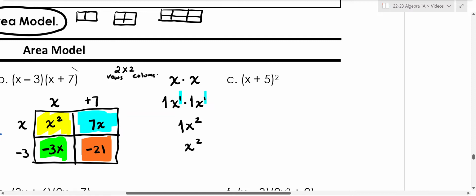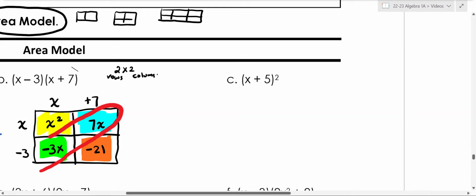All right, so now you want to look at your boxes, and you want to notice whether you have any like terms. And usually your like terms are going to be these two right here, right? Okay, negative 3x, 7x. All right, so once again, what have I taught you? Look at your coefficients. When you add and subtract, look at the coefficients, keep the variables the same.